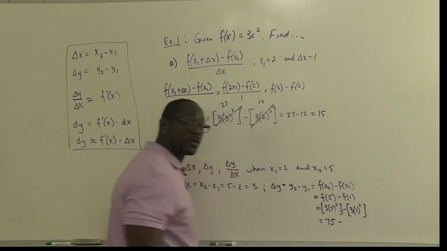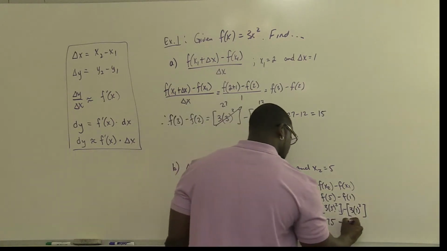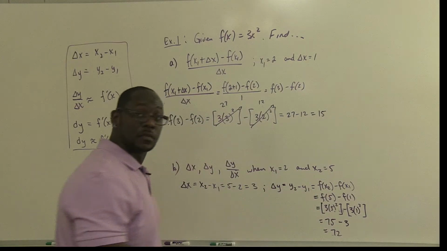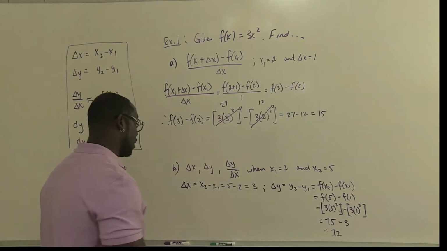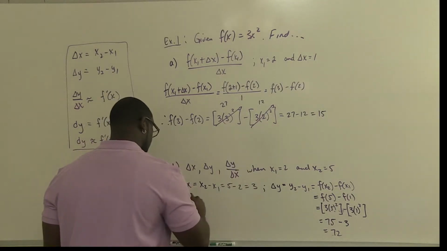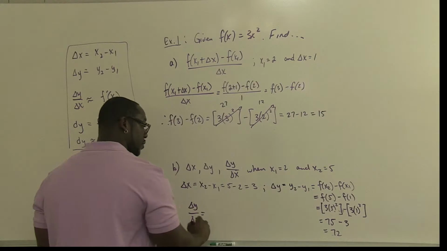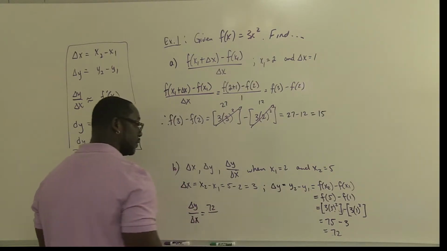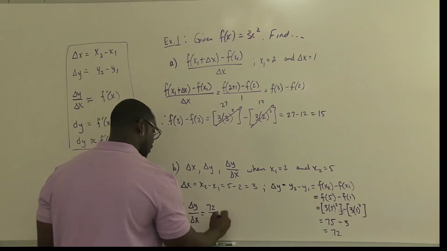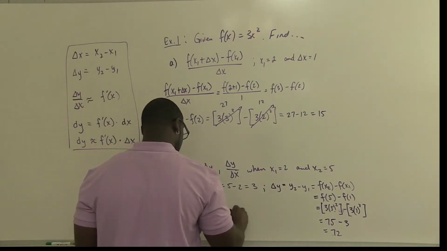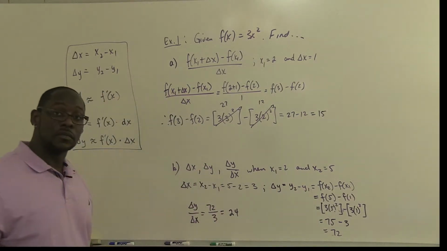And 2 squared is 4. 4 times 3 is 12. So we end up having 63. So now we finally calculate what delta y over delta x is, and that will just be our delta y divided by our 3 here. Okay? And of course, we see this ends up being 21.